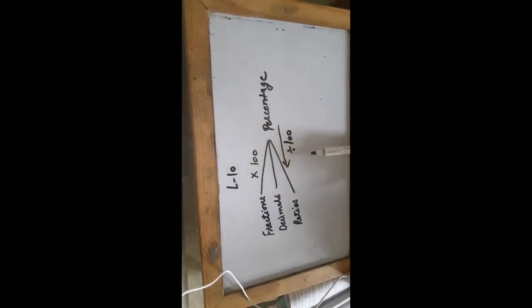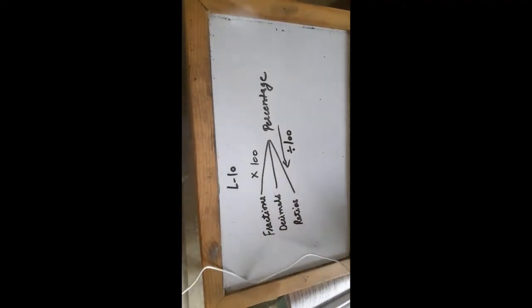So if you learn this rule, you can solve every question. To convert into percentage, we multiply by 100, and to convert percentage into fraction, decimal or ratio, we divide by 100.